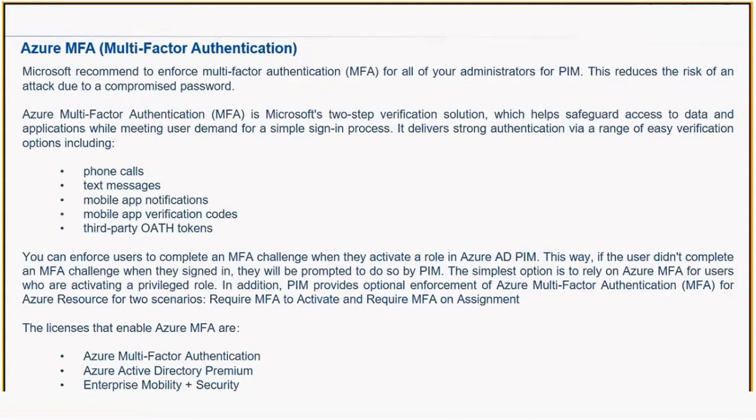So this is applicable to Azure resources, right? And the license that enables MFA, just to keep it simple, there are MFA licenses. But if you want PIM, you have to go with a P2 license, Premium P2, or an E5 license, right?